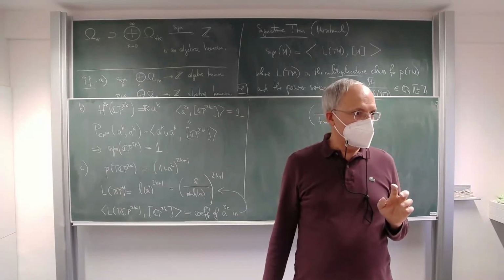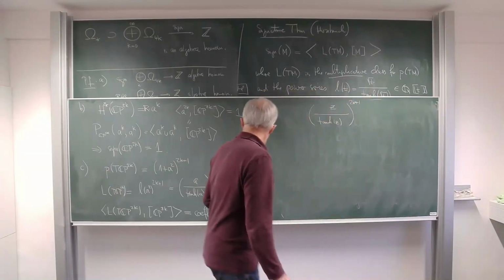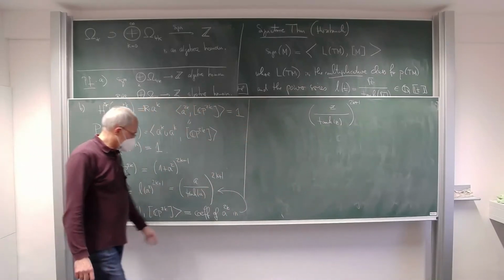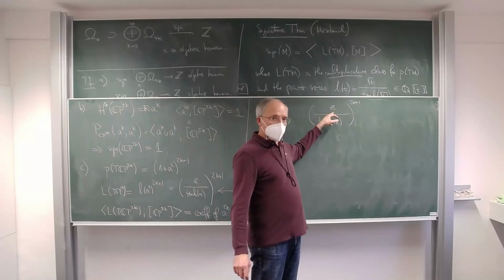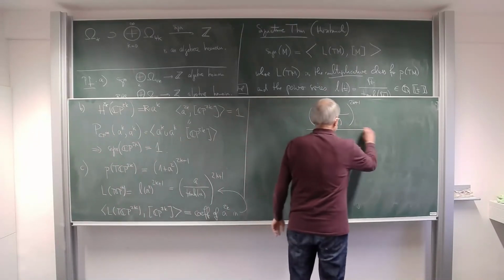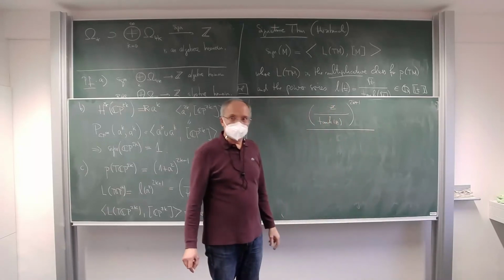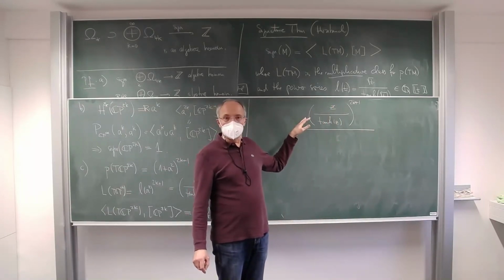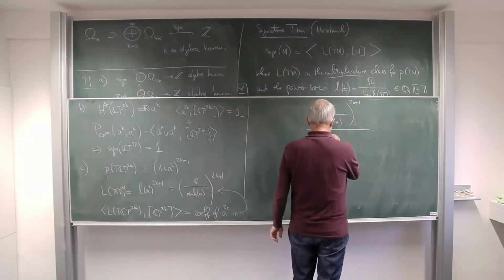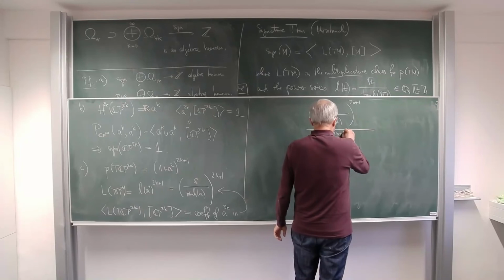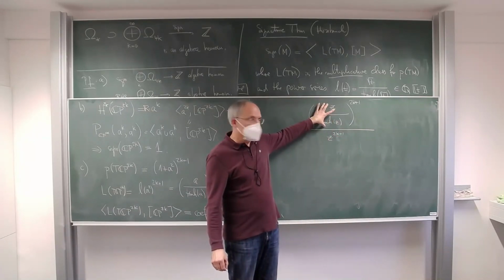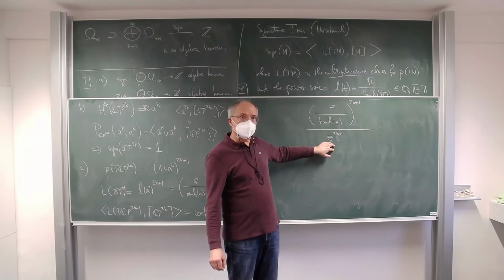Now here, this is a power series, it's not a Laurent series, and we are looking for the coefficient of z to the 2k and not for the coefficient of z to the minus 1. But let's just divide by a suitable power of z so that the coefficient we are looking for becomes the residue. For this, we just have to divide by z to the 2k plus 1. Now the coefficient of z to the 2k after this division is the coefficient of z to the minus 1.